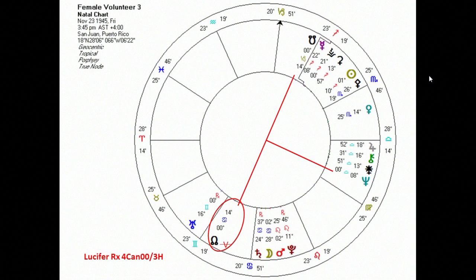Who should I love? Who should I support? You could have had time periods in your past with Neptune square the nodes and square Lucifer where you could have had multiple choices in who to marry. And which one do I choose? Oh, should I marry this one or should I marry that one? And so there's that Lucifer signature, what I see is emotional confusion.